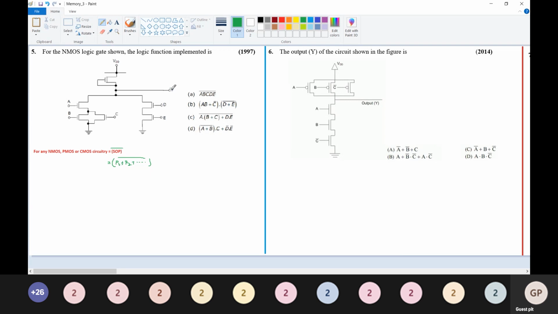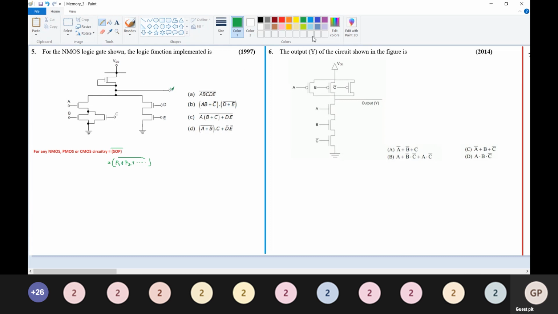So this is your output terminal, and each product term is nothing but transistors arranged in parallel paths between the output node and the ground. Now we'll see how many parallel paths are there between the output terminal and the ground.